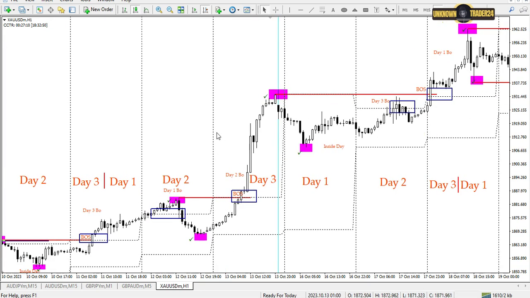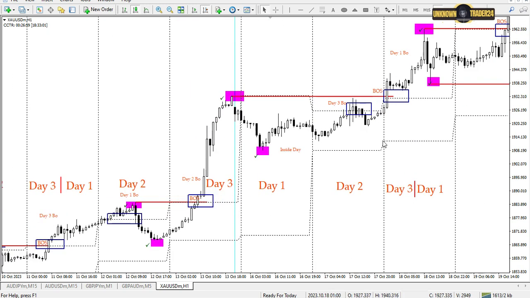That's why I started by showing the day 1 breakouts, day 2 breakouts, day 3 breakouts, and so on. So on this weekly template, this is what you will see every week. This will happen almost every week, and this is how it should be.